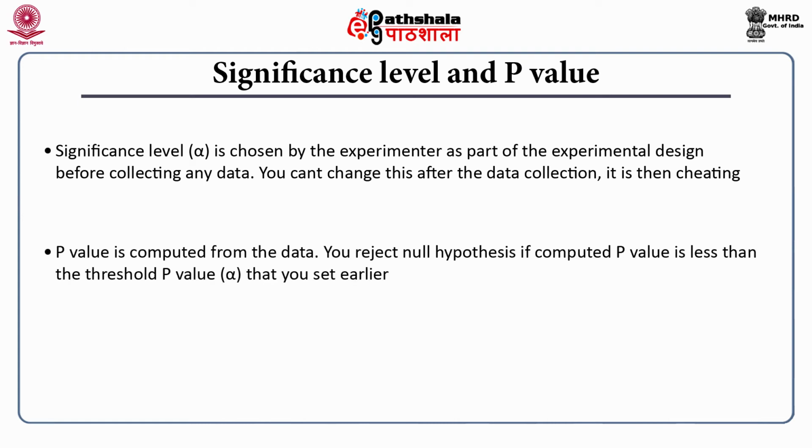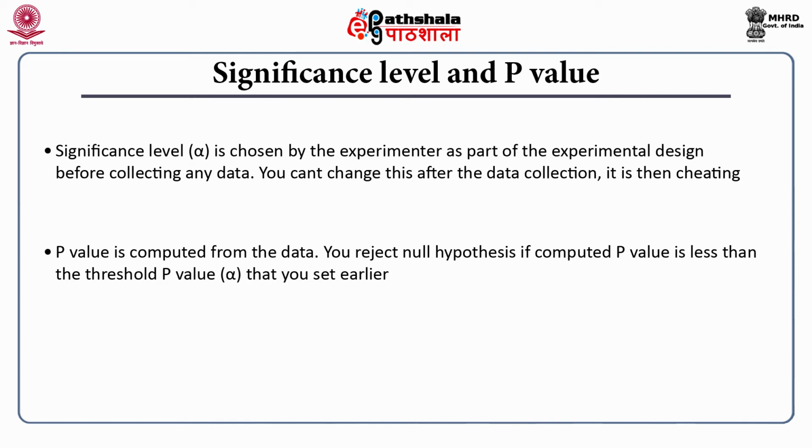P-value is computed from the data. You reject the null hypothesis if the p-value is less than the threshold alpha that you set earlier. That is the difference here. Significance level is set as part of your experimental design, while p-value is what you get out of your data after you analyze it.